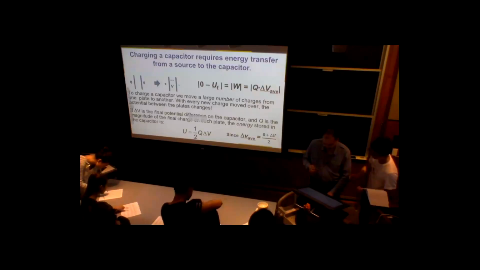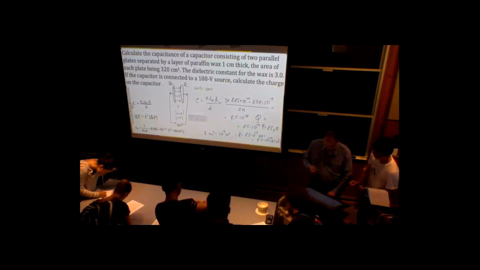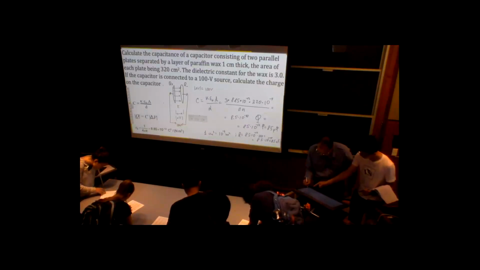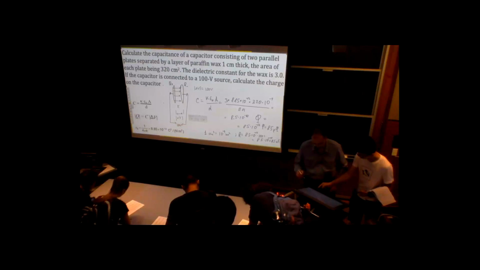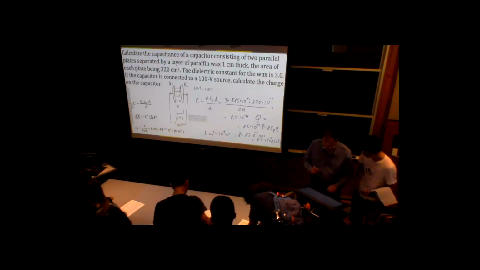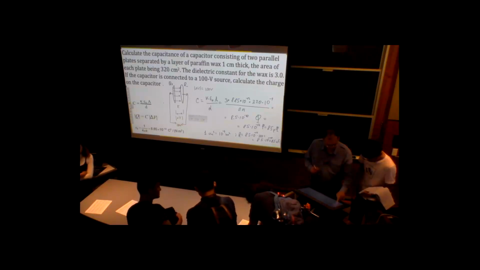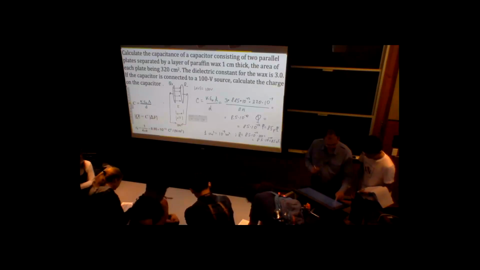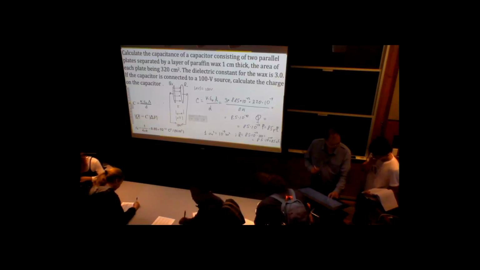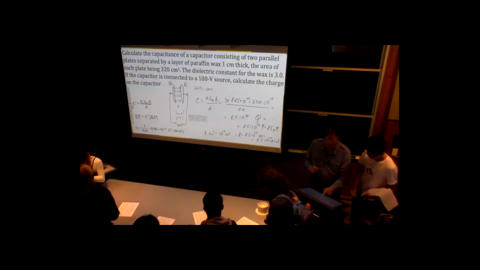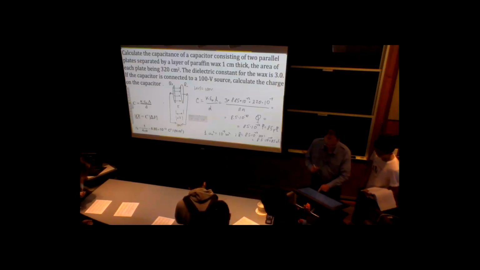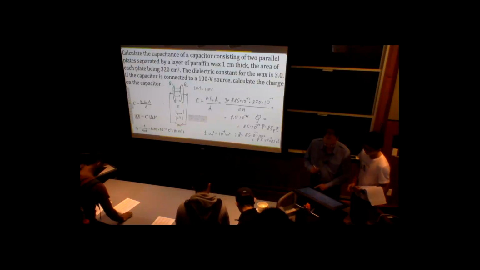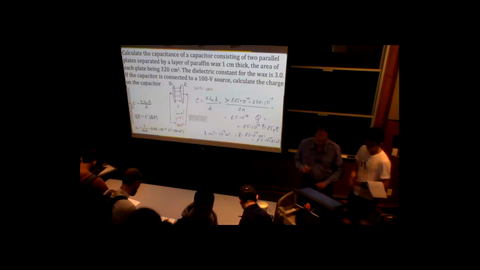The very last slide. And after you get this, what do you do? This charge equals capacitance times voltage. Delta V is 100. Okay. This number is this number. You just multiply by 100.